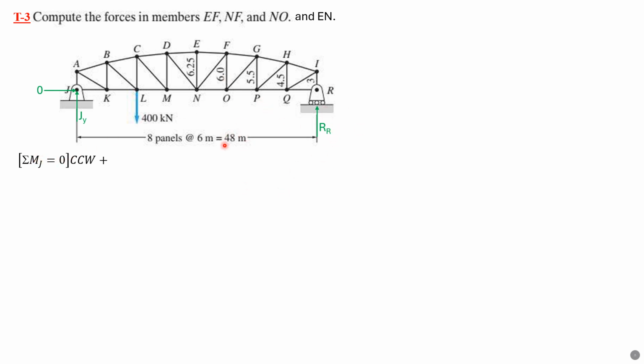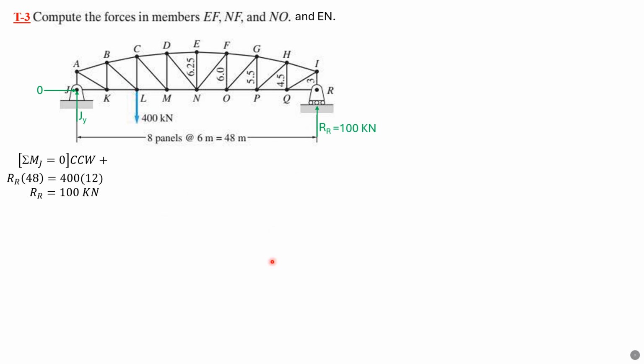RR times 48 equals 400 times 12. We have 8 panels at 6 meters, so 48. So 6, 6, so that's 12. So RR times 48 equals 400 times 12. So R sub R equals 100 kilonewtons, and that is shown in the FBD of the whole system.